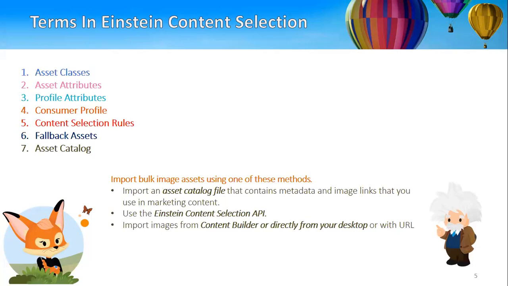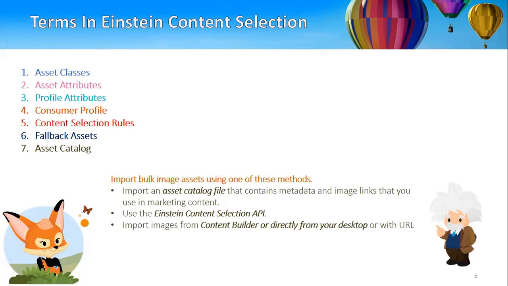And next is to import the images directly from Content Builder or directly from your website or with a URL. If I say URL, it is one which begins with HTTP. And if you have hosted it in some other third-party application and you want to bring that into Marketing Cloud for testing purposes, even then that is possible by giving the URL.